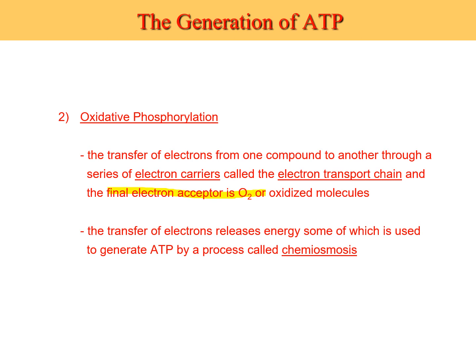That series of carriers is called an electron transport chain. Hopefully that's not completely unfamiliar to you. You should actually have covered that last year, but we'll go into it in some detail here. The transfer of electrons releases energy, some of which gets used to generate ATP, and that process is called chemiosmosis.